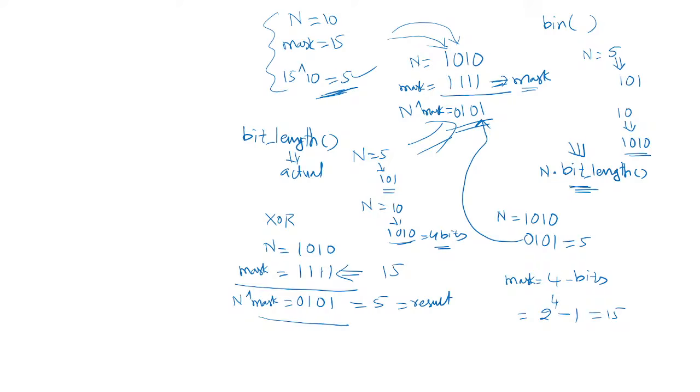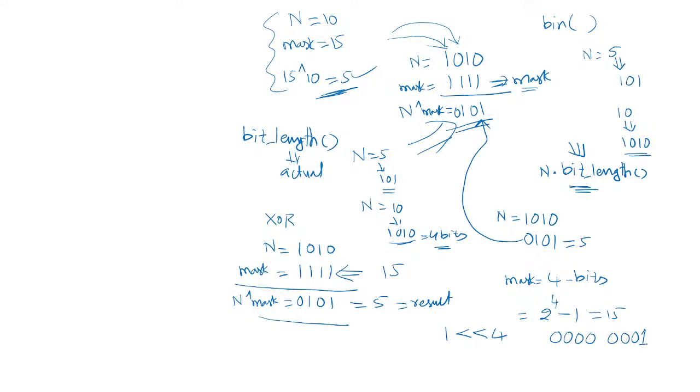But how can you generate a 4-bit binary number containing all ones? You can use the left shift operator. If you move 1 towards the left by 4 bit positions, what do you get? Assume that 1 is represented in 8 bits like this: 0 0 0 0 0 0 0 1.